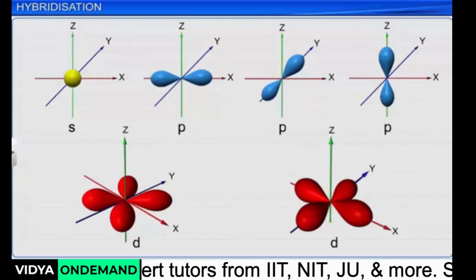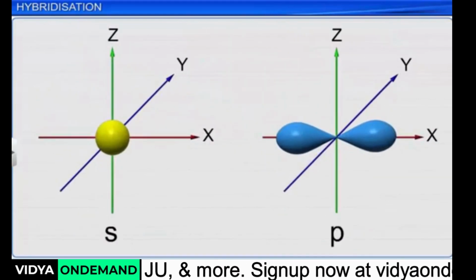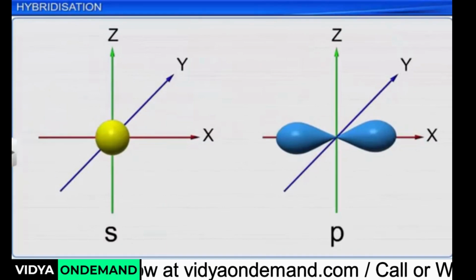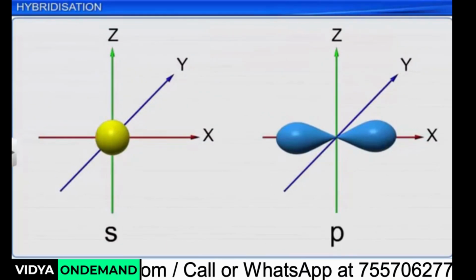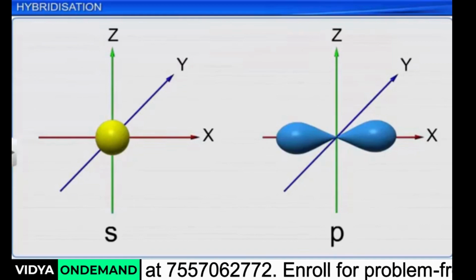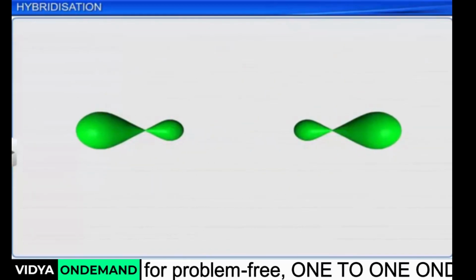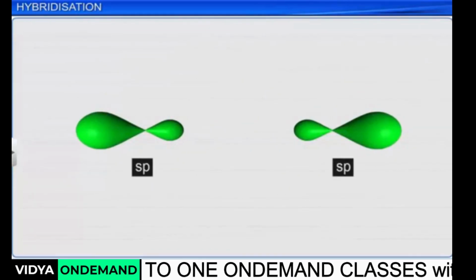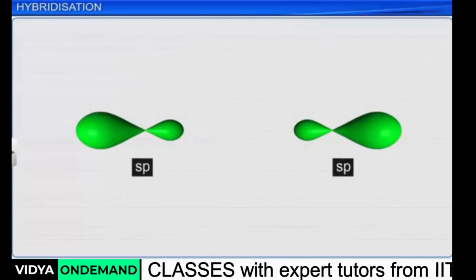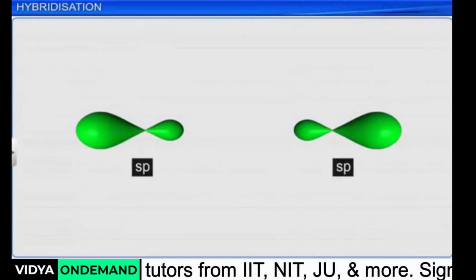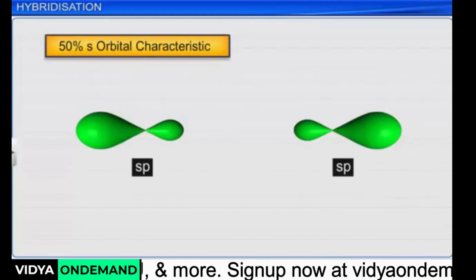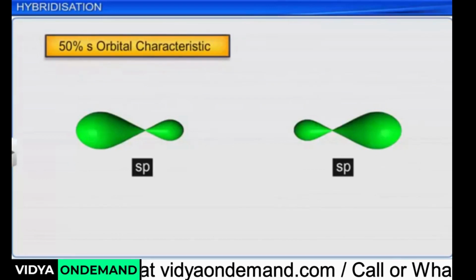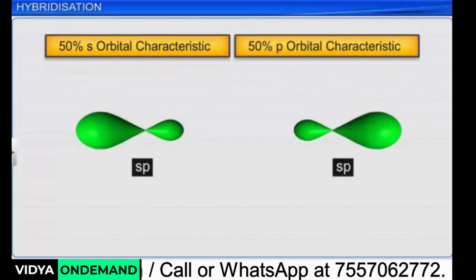In sp hybridization, one s orbital combines with one p orbital to form two equivalent sp hybrid orbitals. The hybrid sp orbital shows 50% characteristics of the s orbital and 50% characteristics of the p orbital.